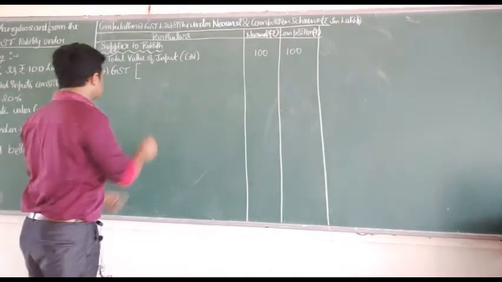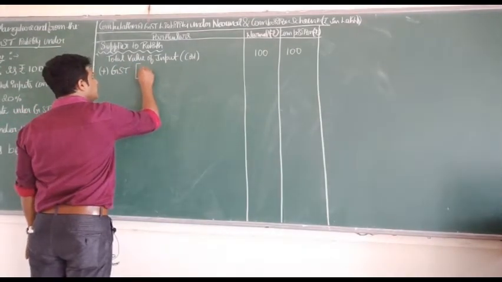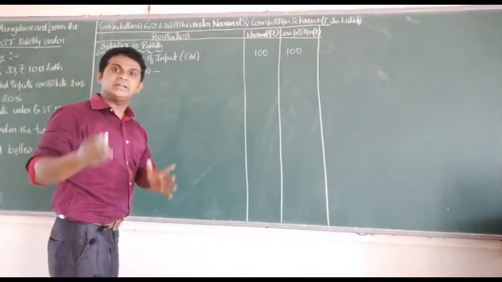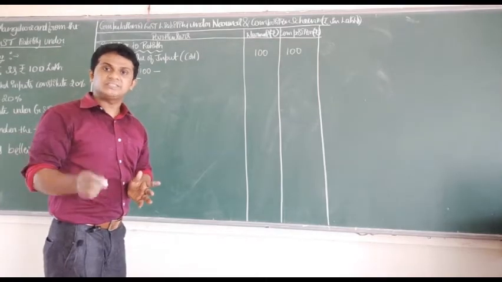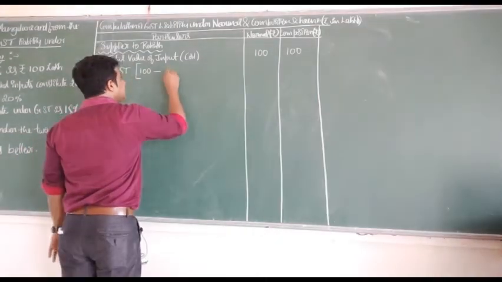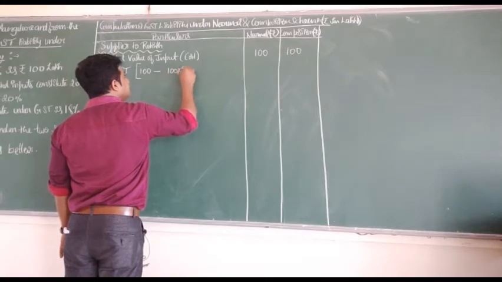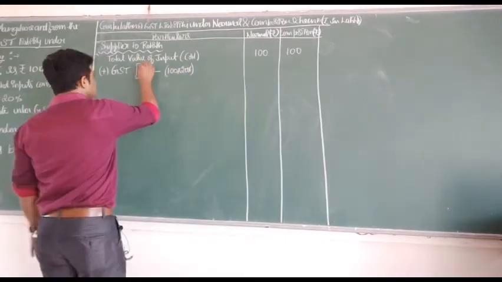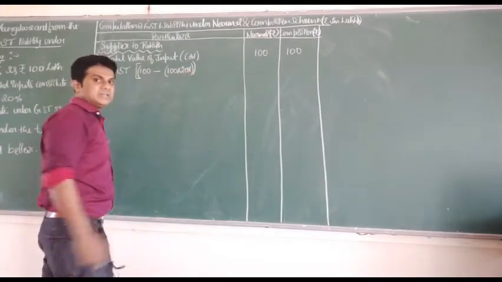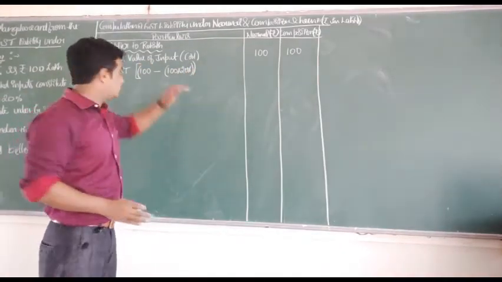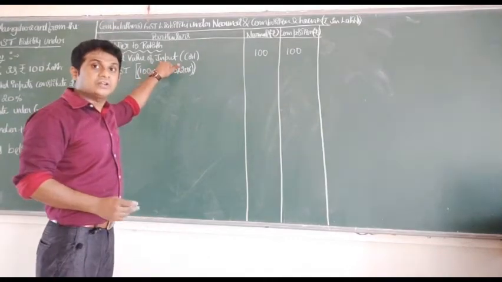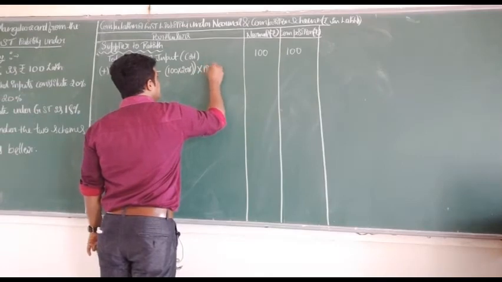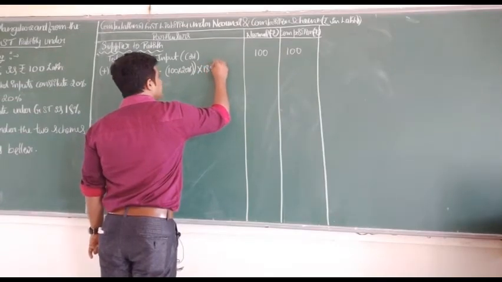So first of all, from where, what to exclude? From 100 lakh I need to exclude nil rated and exempted supplies. What is the percentage? 20%. 20% of the cost is nil rated and exempted supply, so I am excluding that here. Now whatever I am getting is the taxable supplies or taxable value or transaction value of input. On this I have to charge GST, which they have given under normal scheme, it is 18%.